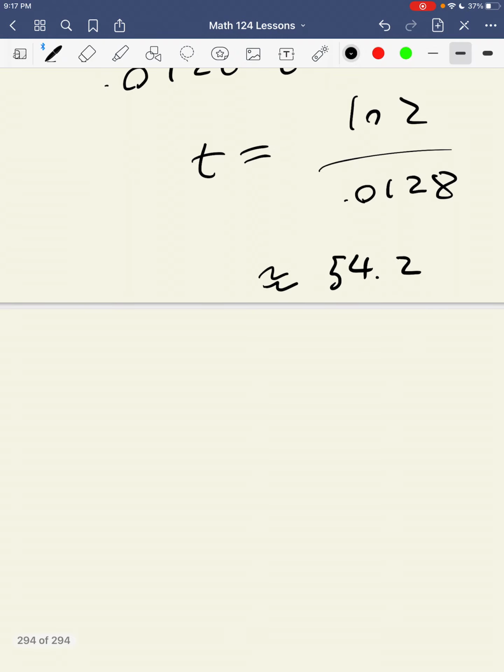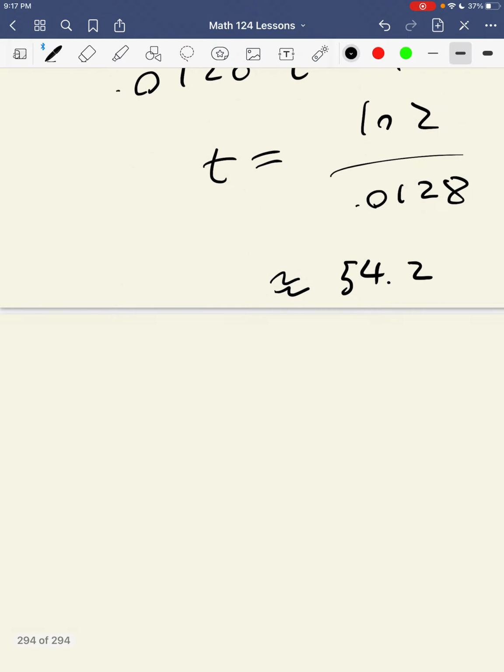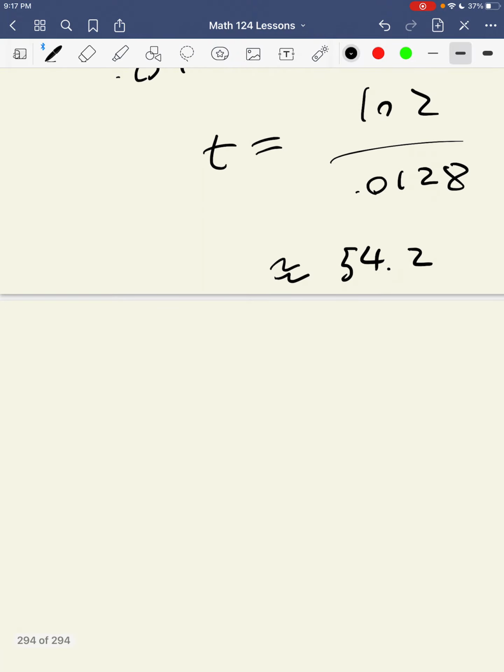Okay. Now similarly, if a model is decaying, we could find the half-life, is what we call it, the time in which half of your substance decays. So say, for example, let's look at a new example. We are looking at a decay model. Say we have some substance and it is decaying.